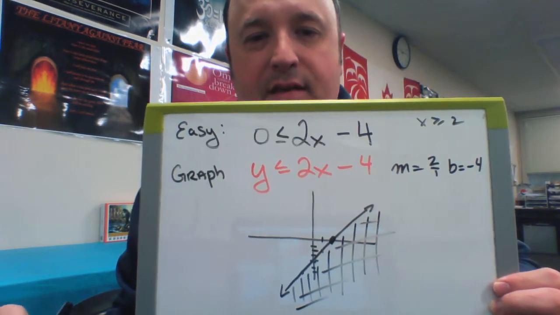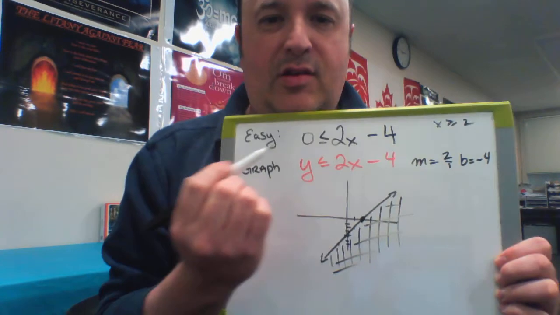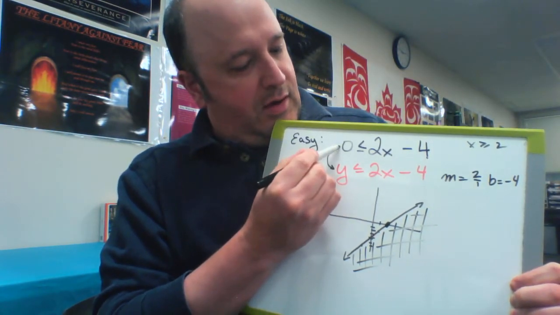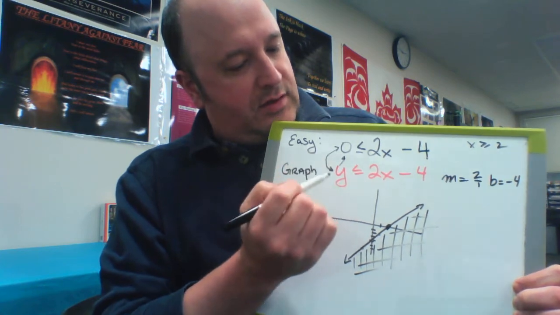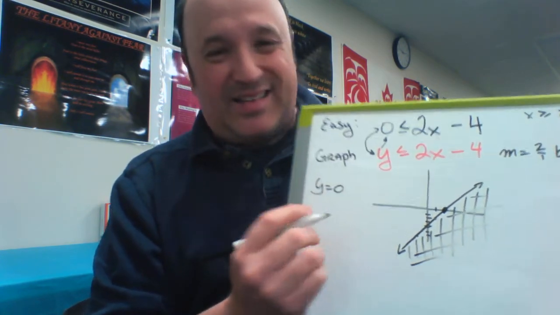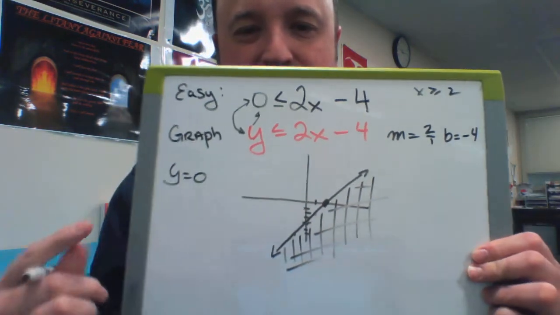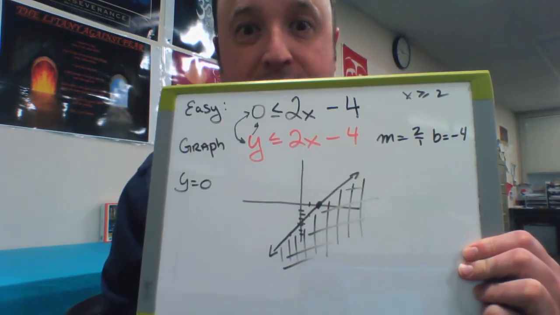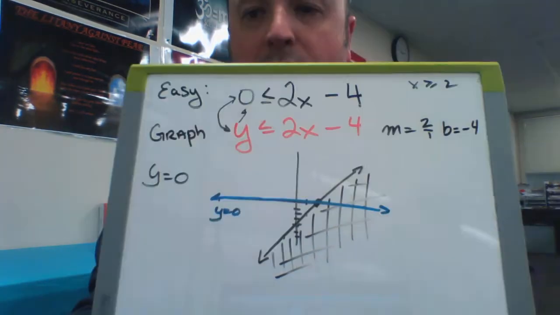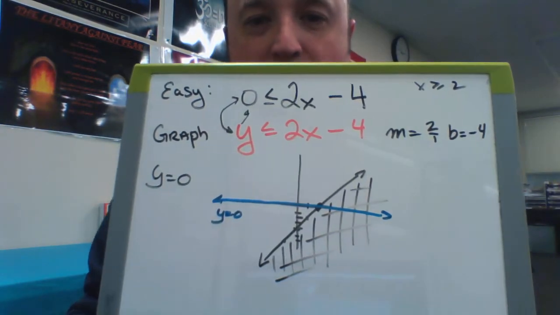Well, it kind of does, because if I look here, I've got y equaling 0 if I wanted to connect these two equations. And so where's y equal to 0? That's the x-axis. So let's take a little snapshot of what's going on on the x-axis. Can you see where this is going? Have a look. Okay, so there's the x-axis where y is equal to 0.